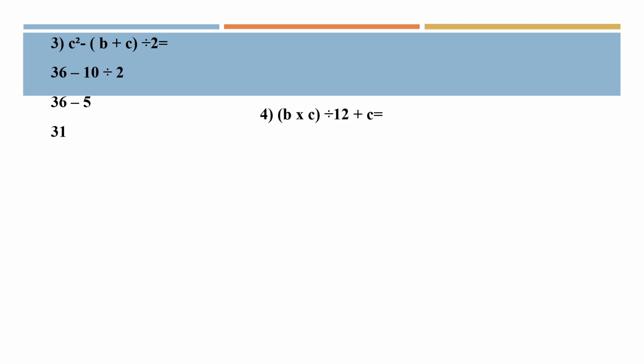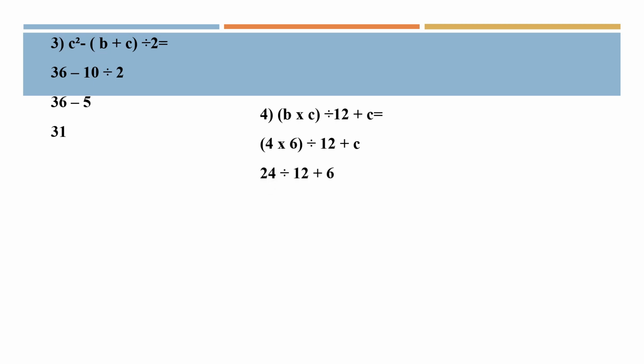Let's have another example. Simplify the given expression. Recall again the value of B and the value of C. Open parenthesis, B times C, close parenthesis, divided by 12 plus C. 4 times 6 equals 24.